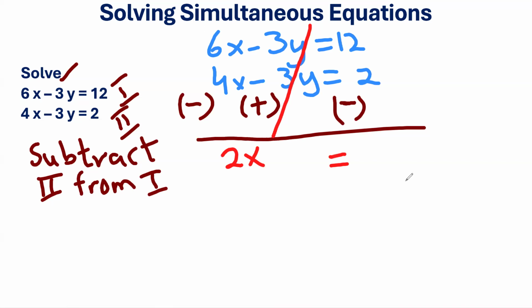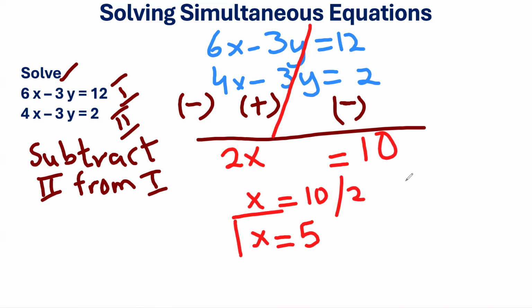And 12 minus 2 will give you 10. Here you can find x very easily. X equals 10 divided by 2. 10 divided by 2 will give you 5. So you found the value of x, it is 5.